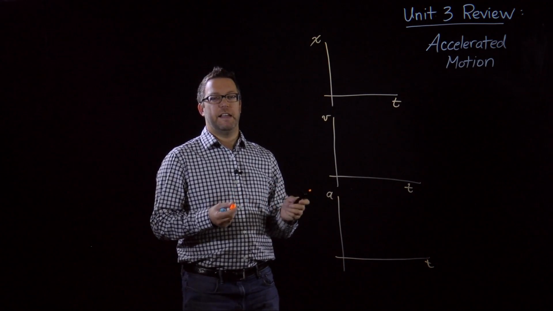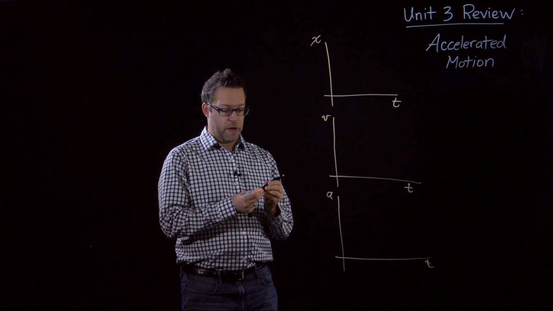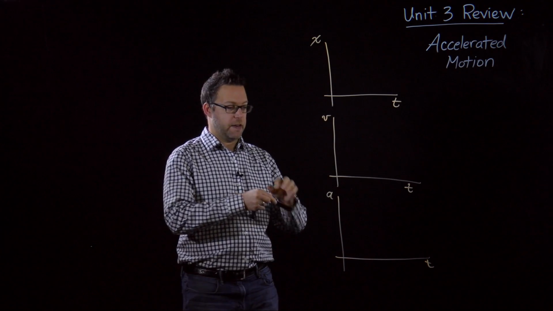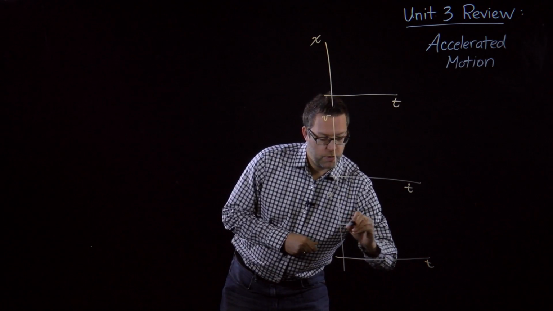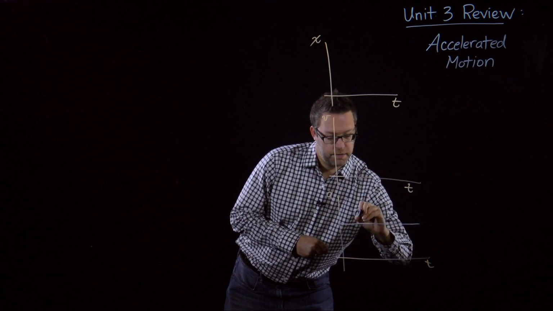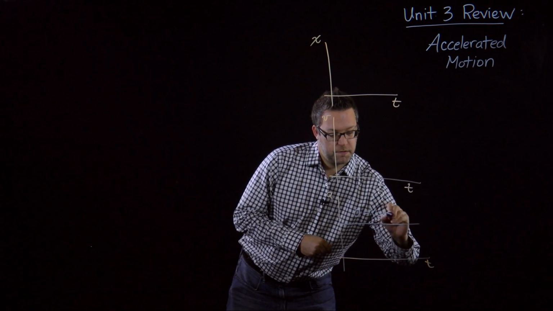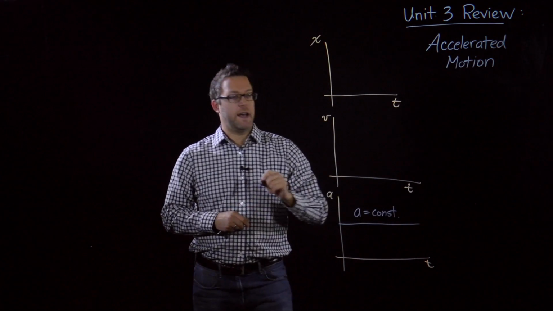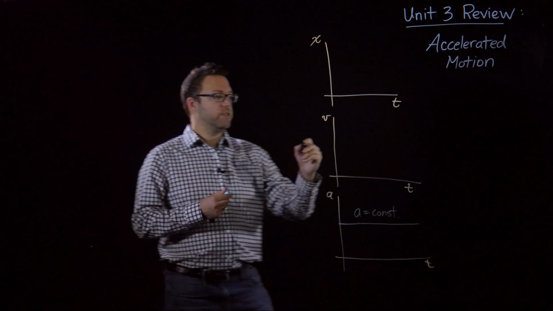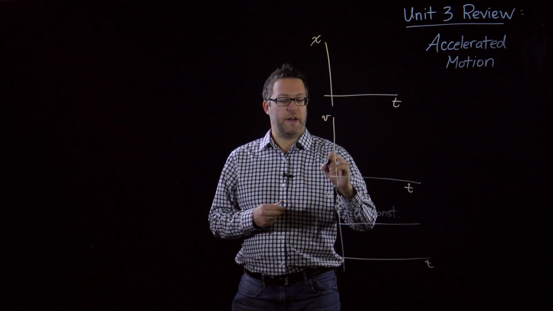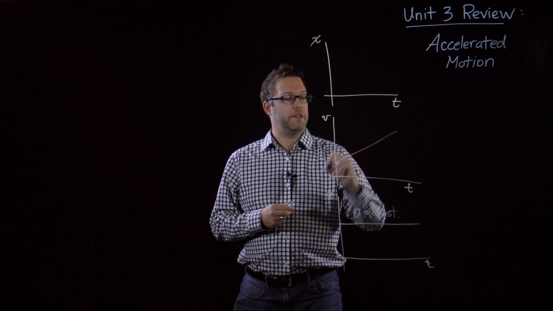Okay? And in our accelerated motion model, we start with the idea that if acceleration is constant, we're going to have a horizontal line here. That means that the velocity is going to be linearly increasing, so it's going to start at some initial value and increase in a straight line.